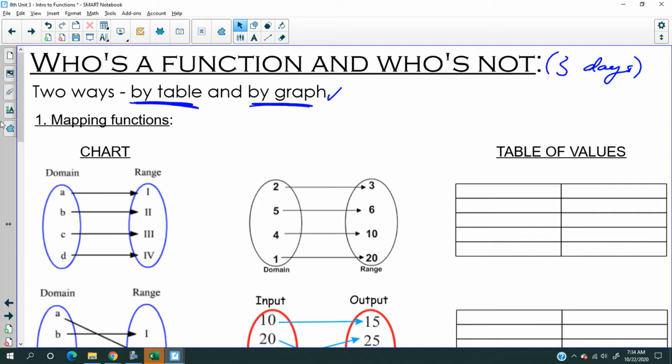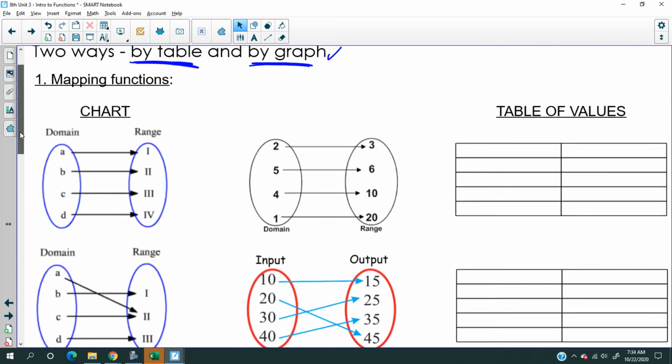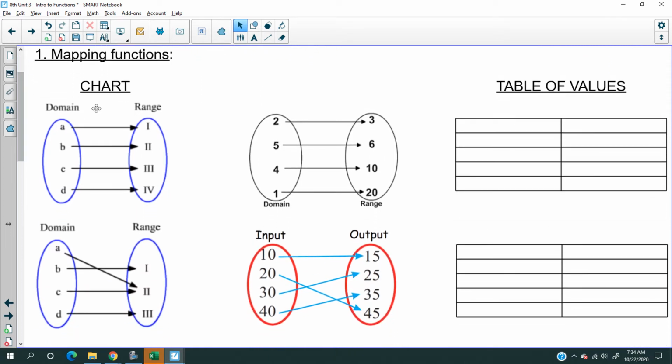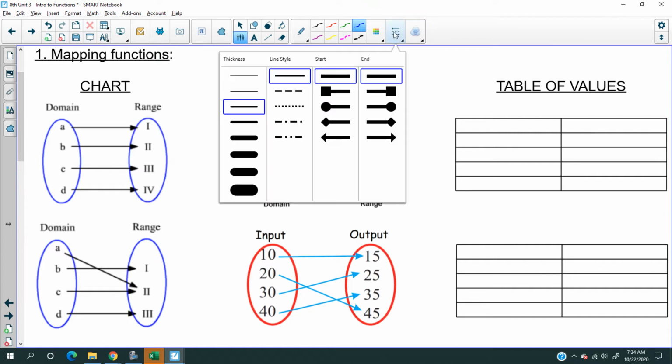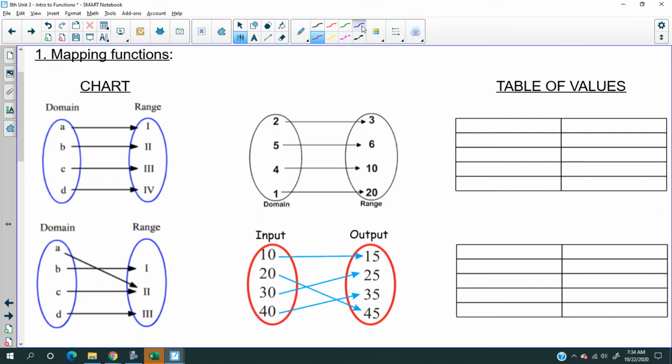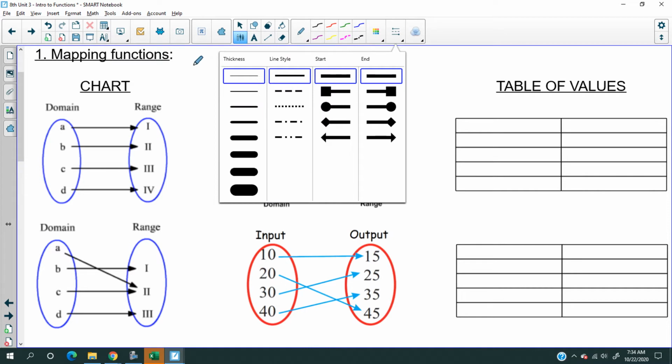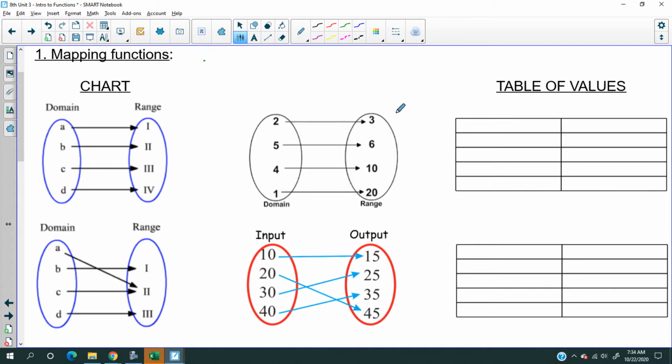So one of the things you will be required to know is, if I were to give you a table like this, would you be able to tell whether this set of numbers represents a function or not? Is it a function or not?